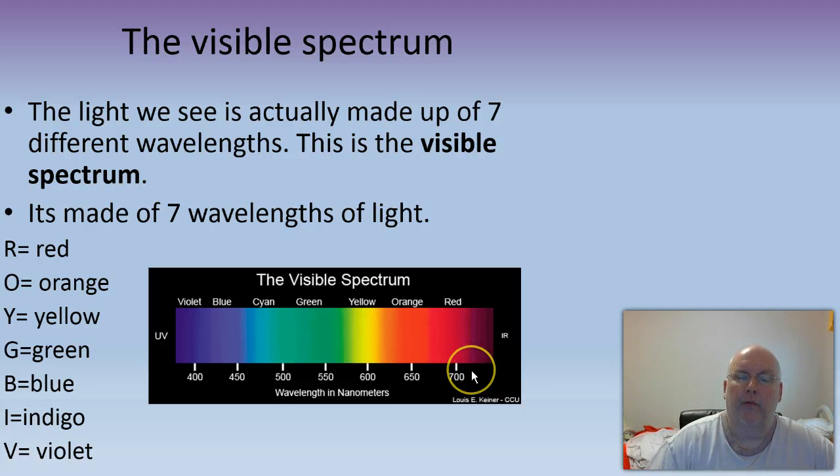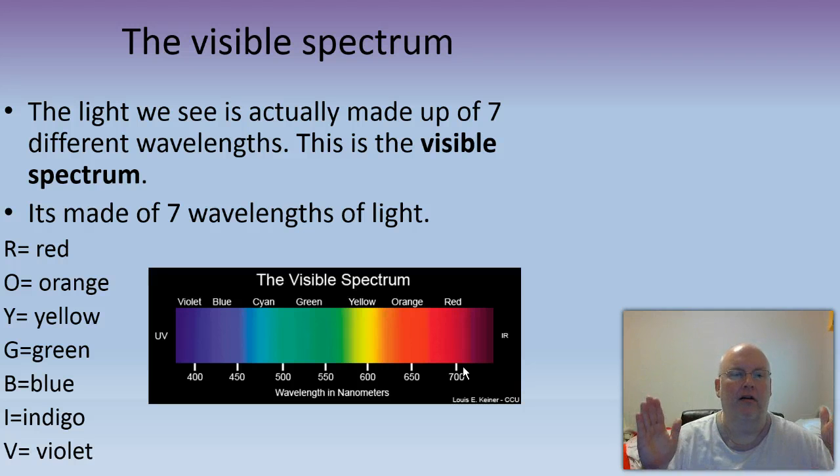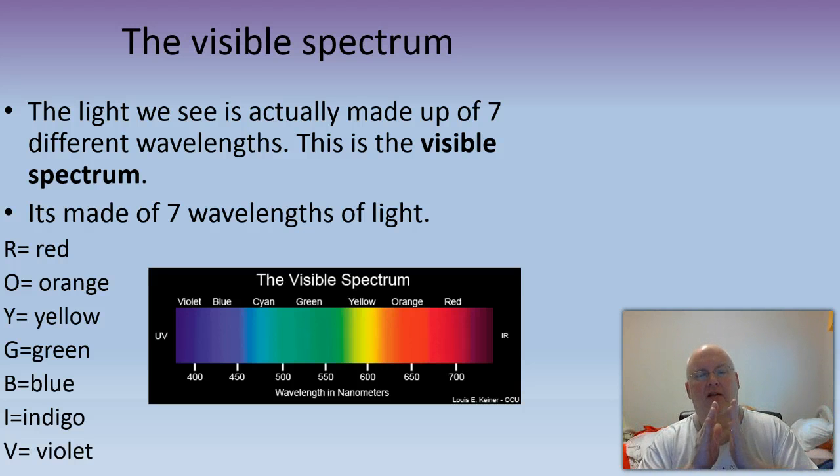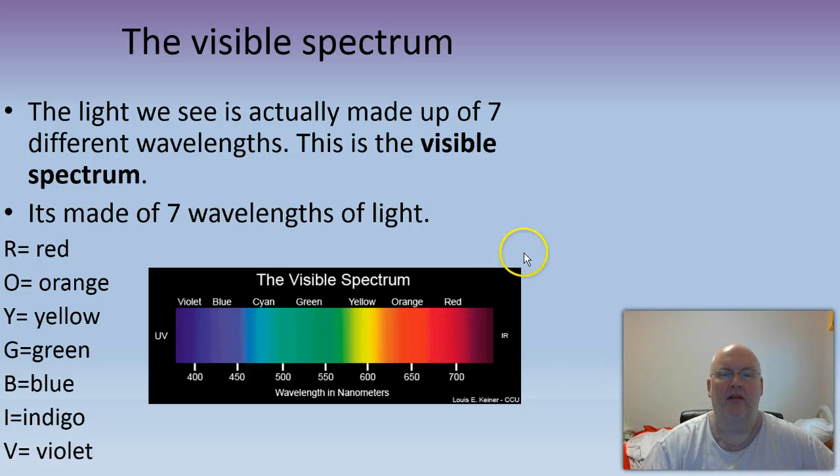That tells you that the reddish wavelengths are longer than the bluish wavelengths. So if we apply what we just talked about in the last slide, if you have a red wavelength that is longer, the frequency is going to be smaller. And violet has short wavelengths, so the frequency is going to be higher.